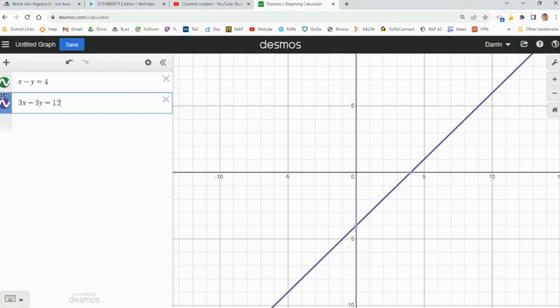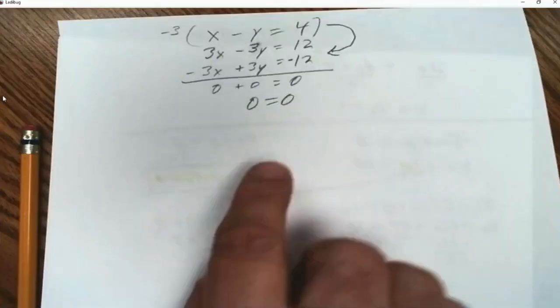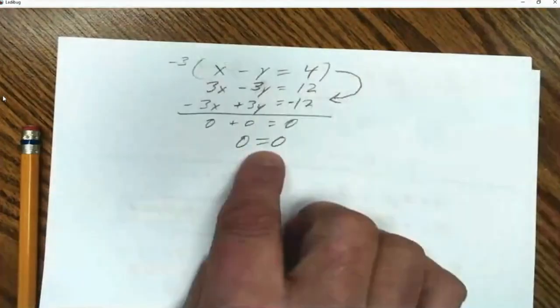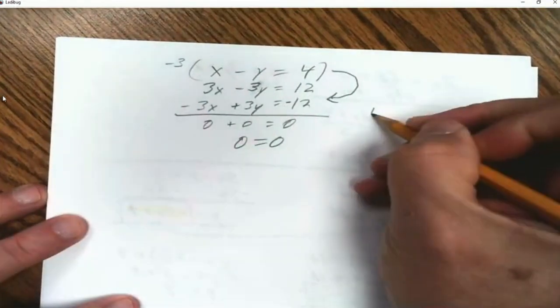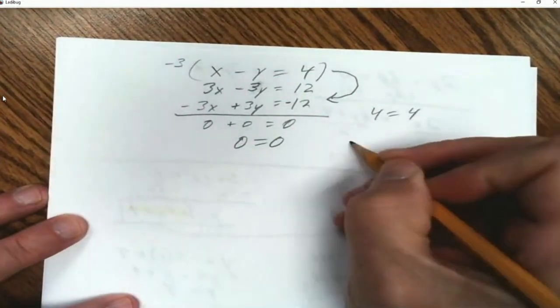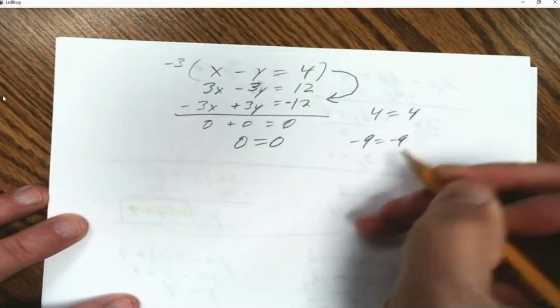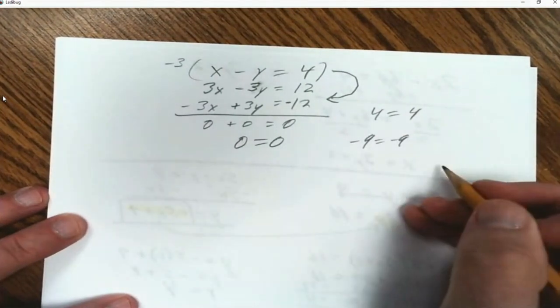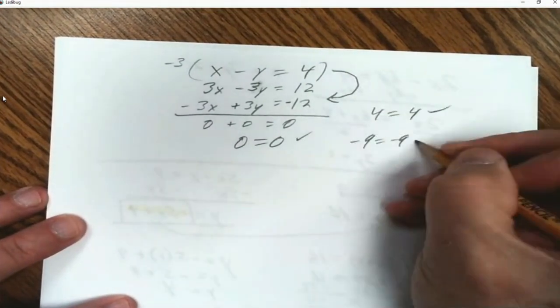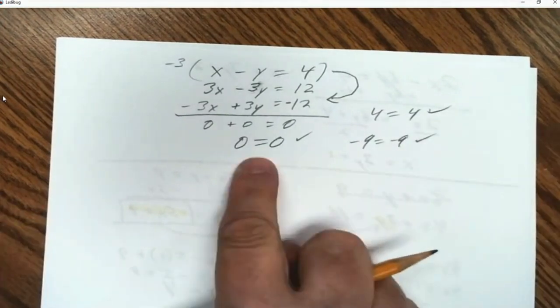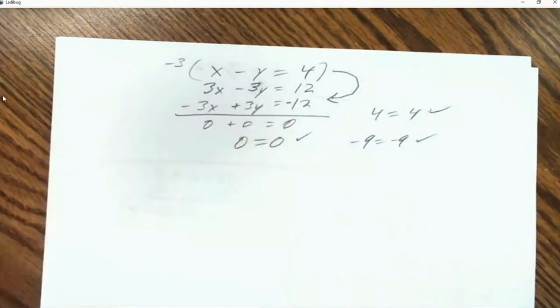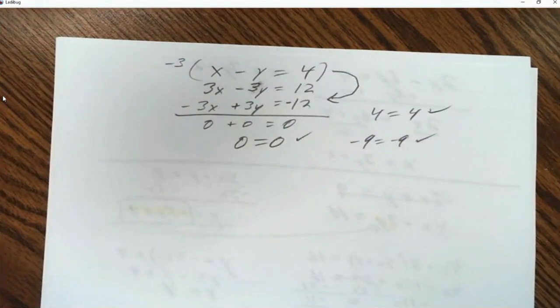The same line. So every solution works. When we solve the system of equations and we get 0 equals 0, or if we got 4 equals 4, or -9 equals -9, anything that's a true statement, this is true, that's true, that's true. That means these are the same line, and every x and every y will work.